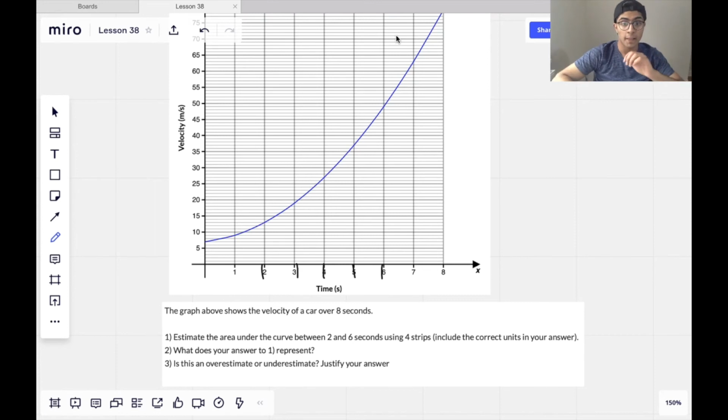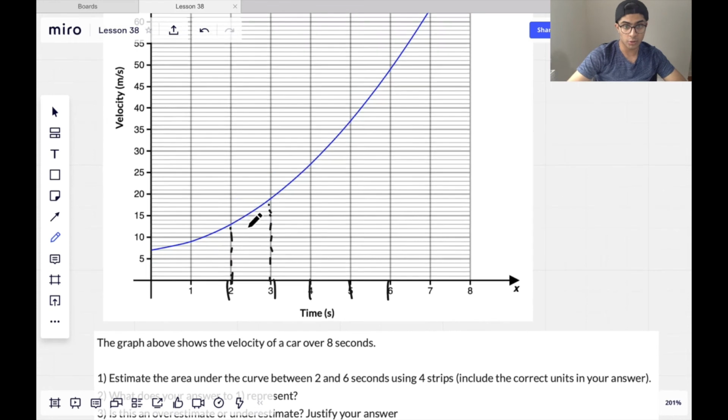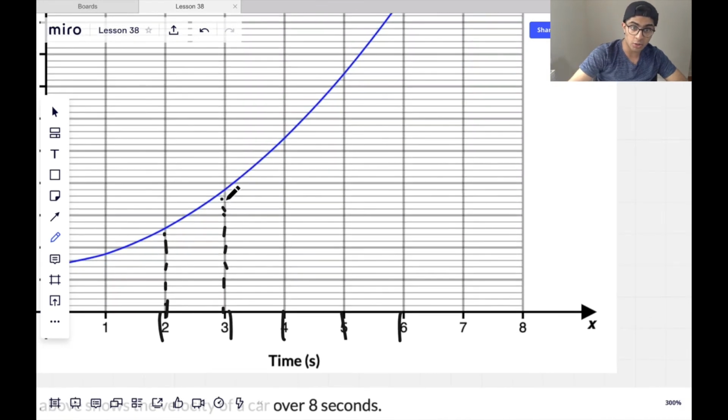What you then do is pull a line up, and you draw a straight line between these 2 points, and you get a trapezium. And you do the same thing here, between these 2 lines, that will be a trapezium like that.